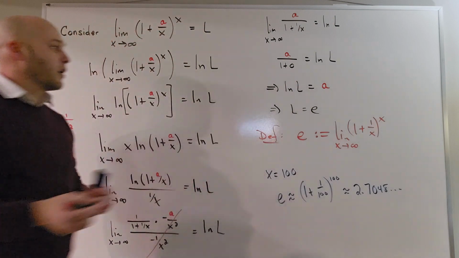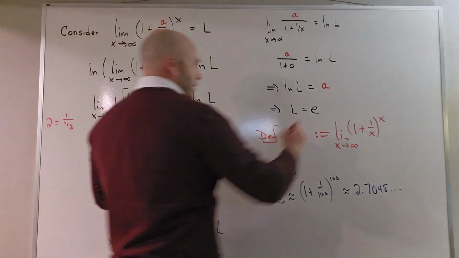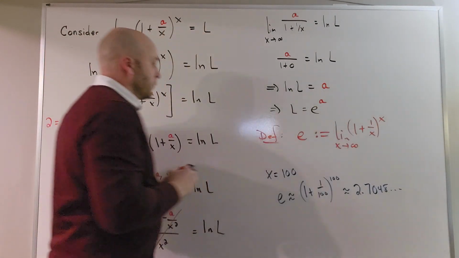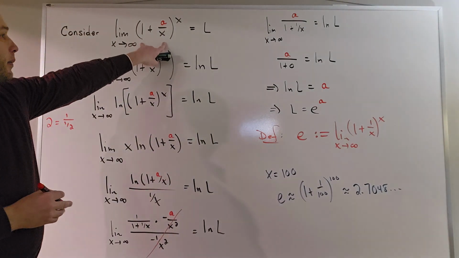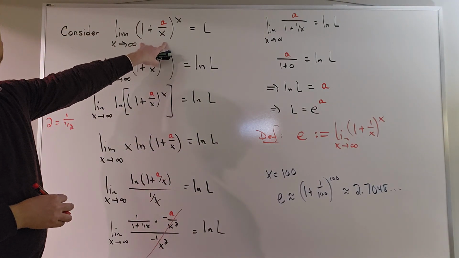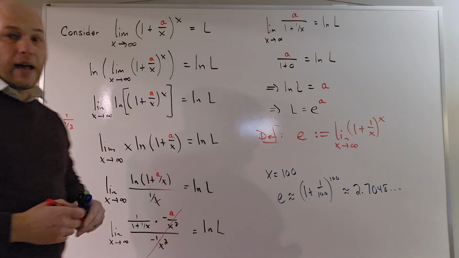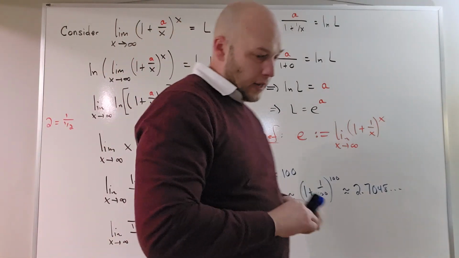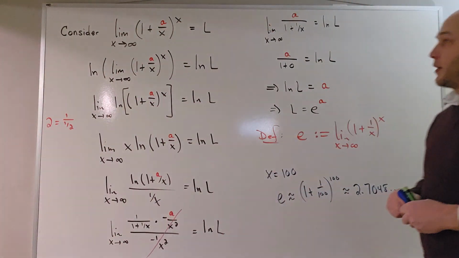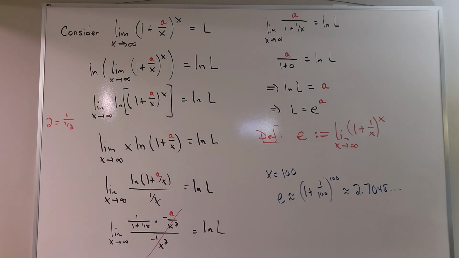And if the natural log of L is a, then L would be e to the a. This is probably listed in your chapter on sequences and series as a common limit, or perhaps in the section where you introduce the natural log and natural exponential function in your calc book as well.